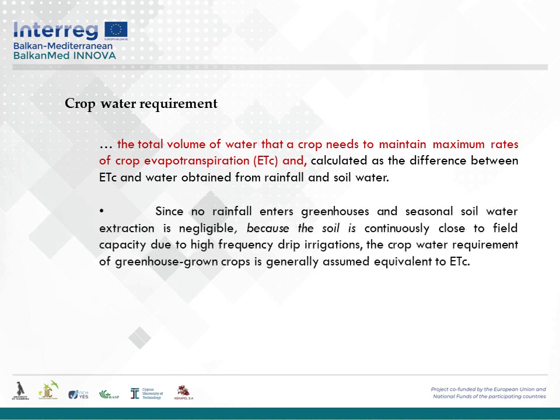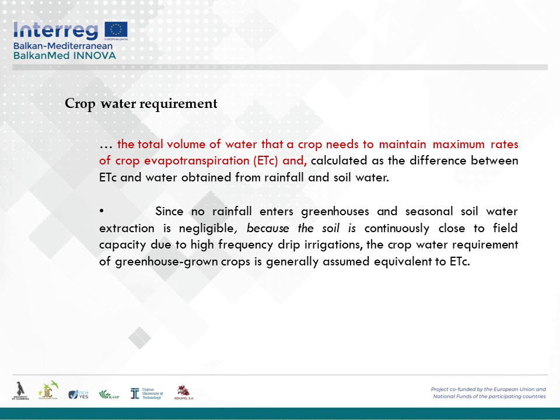This is a general concept of crop water requirement definition or calculation, but keep in mind that we are talking about protected cultivation and that no rainfall enters the greenhouses. And also the seasonal soil water extraction is very negligible in a greenhouse crop, because the soil is continuously close to field capacity, because we apply very frequent irrigations.